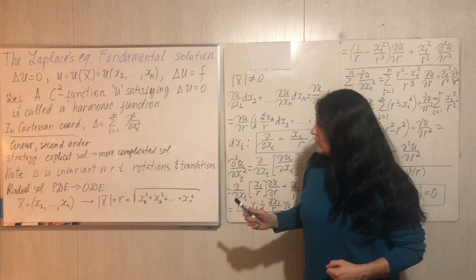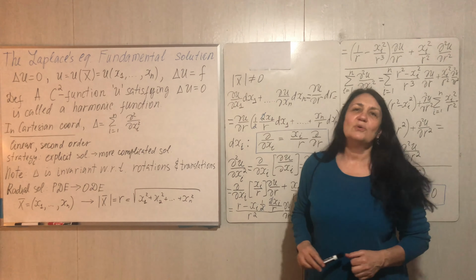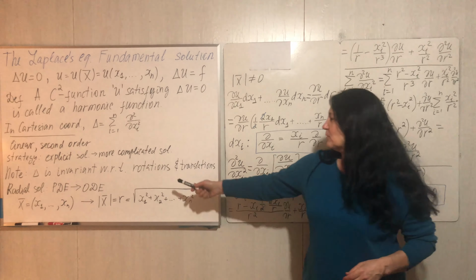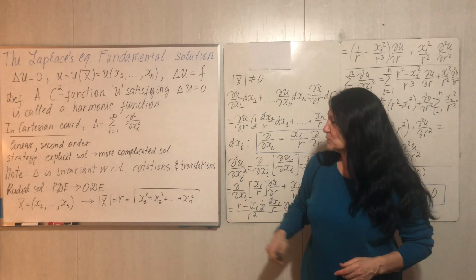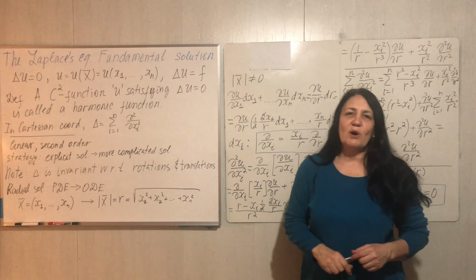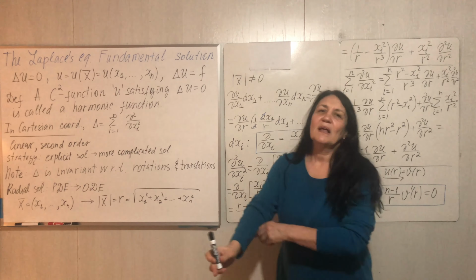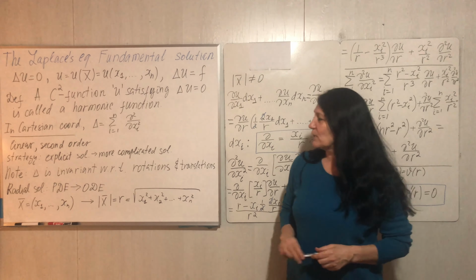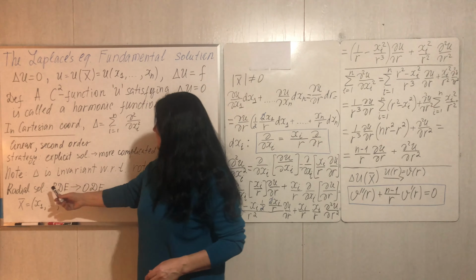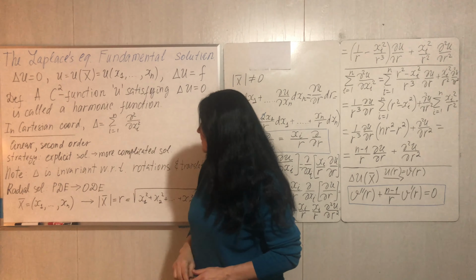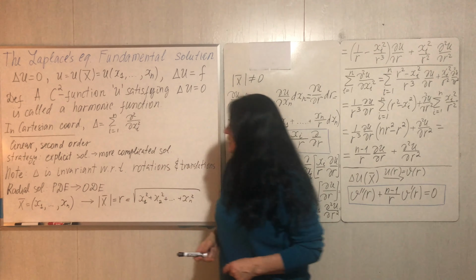We can use rotation invariance to construct a radial solution, and that would be a simple solution because it will help us transform our PDE to an ODE.